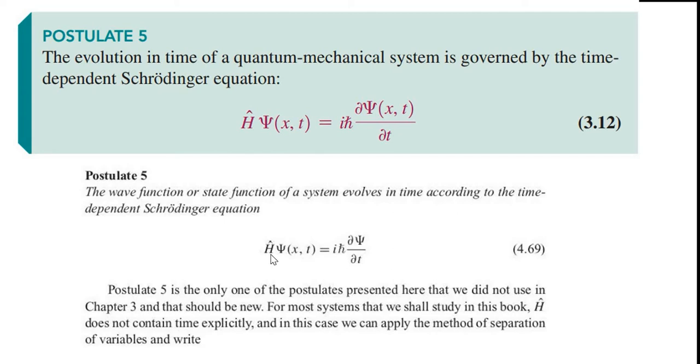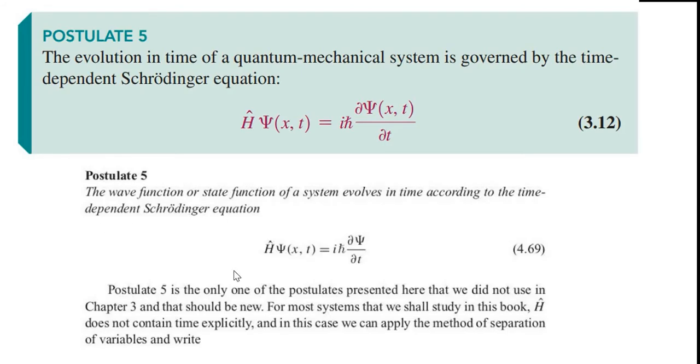For convenience, let us suppose that H itself doesn't contain any time, but we are still interested in the time evolution of the whole system. Later on we will see that H itself can also be time dependent.